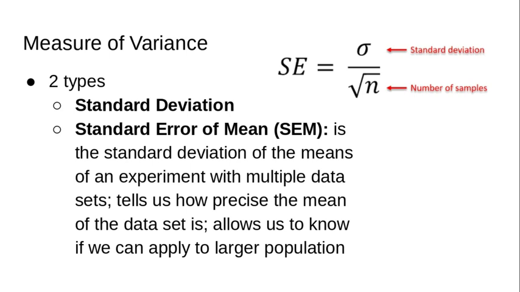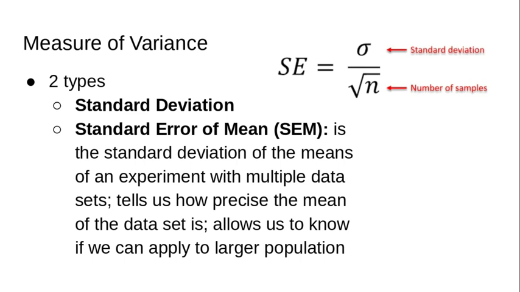And it allows us to know if we can apply a small experiment with a small sample, a small amount of data, to a larger population. So standard error of the mean, again, is a step up that you would calculate on an experiment that has multiple data sets within, and you're basically looking for the standard deviation of the mean of all of those data sets.